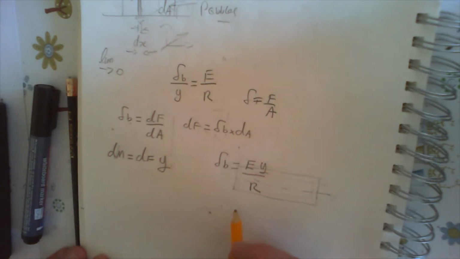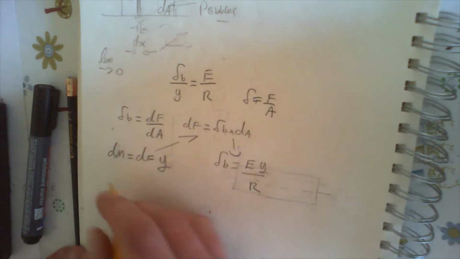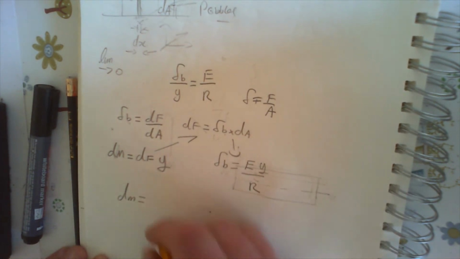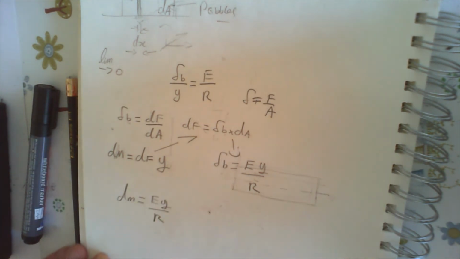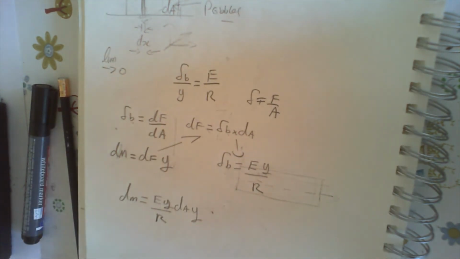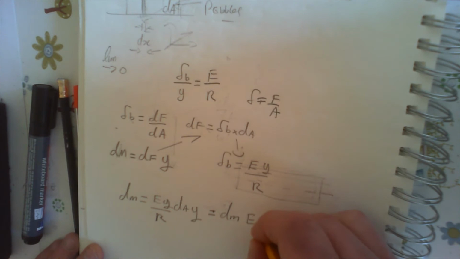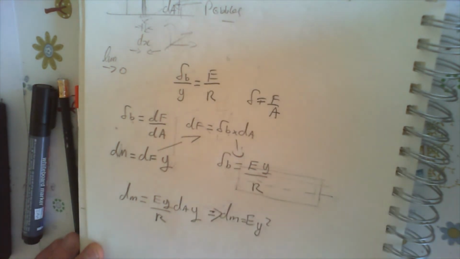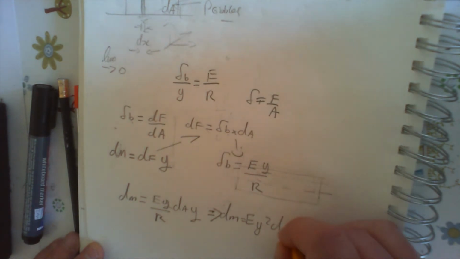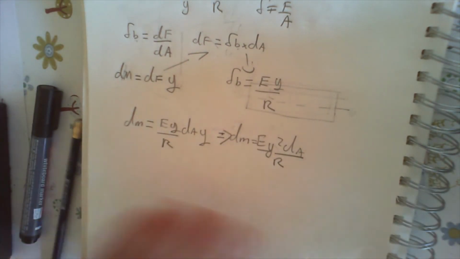So looking at that and that, dm equals E y over r dA times y, which is going to equal dm, E y squared dA over r.